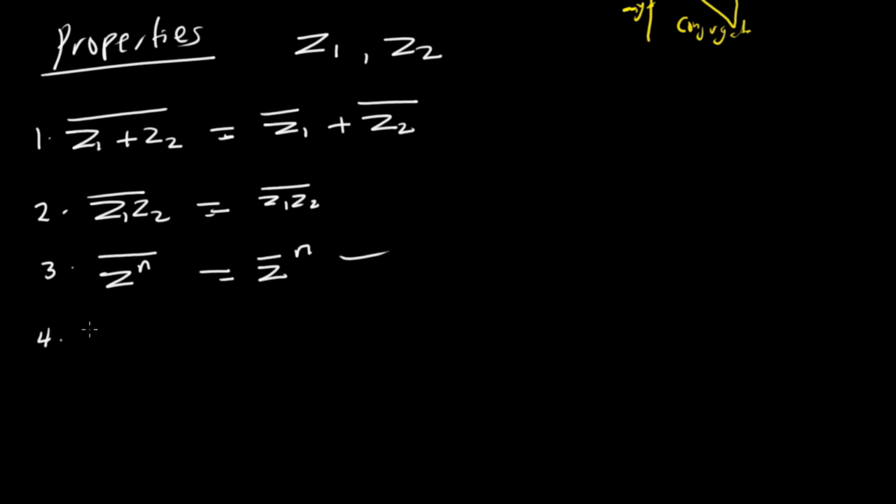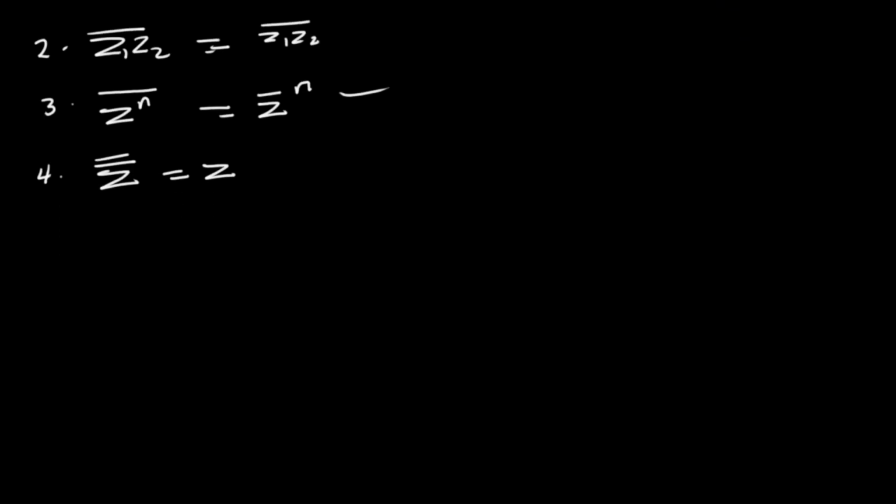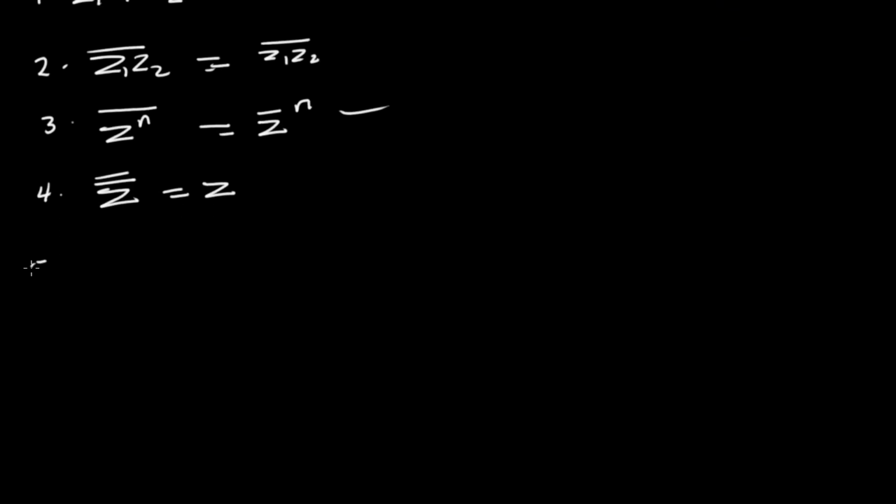Now if I have a double complex conjugate, something like z bar bar, this is the same as z. So if we find the complex conjugate 2 times, it's still going to lead us back to z. Now the fifth one. This one I'm going to explain a bit later. If you have z z bar, this is going to be equal to a square plus b square.